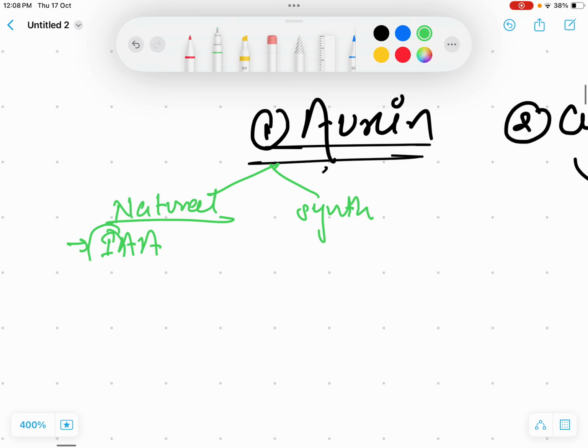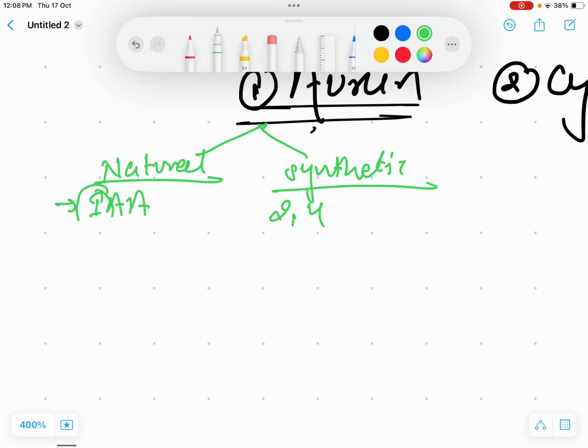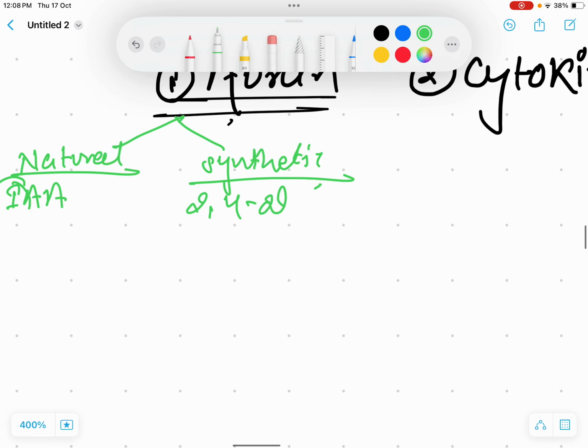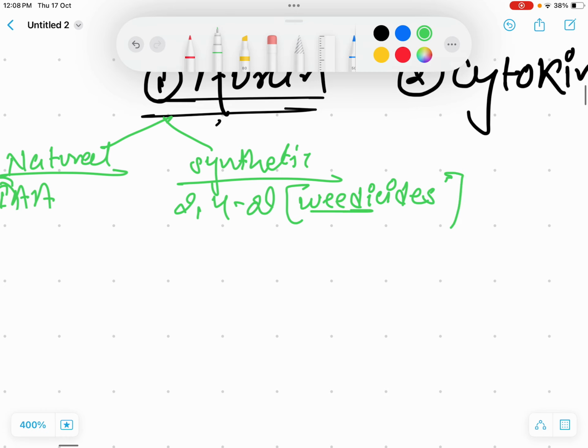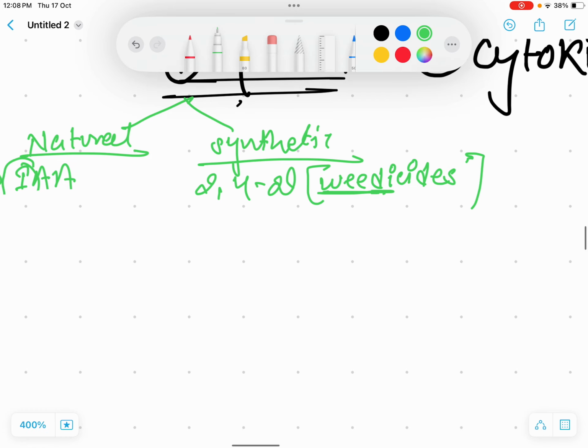The other type is synthetic auxin. In synthetic auxin you have to remember 2,4-D, which is a weedicide, a weed killer.